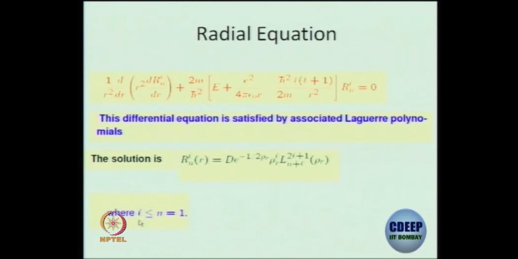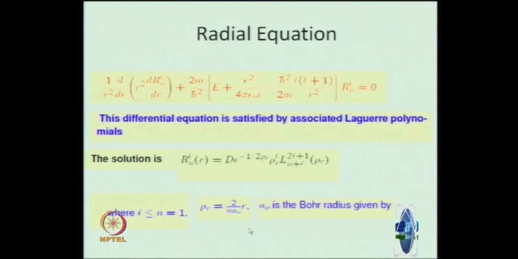Your L should always be less than or equal to n. Less than or equal to also? Less than n. n should be greater than L. Okay. So this rho r which I have written is just a function multiplied. It's proportional to r, but there is a Bohr radius a0 attached to it.